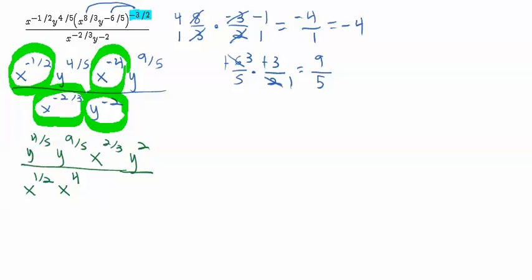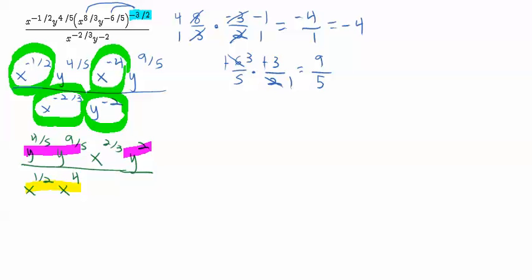And then I'm going to start to combine the numerators and denominators together. We're going to combine the y's together, and let's combine the x's together just by adding those exponents.